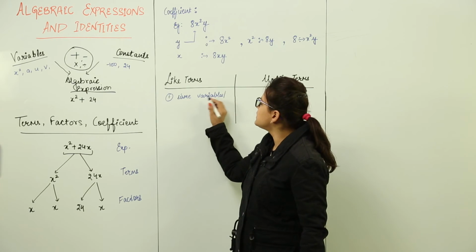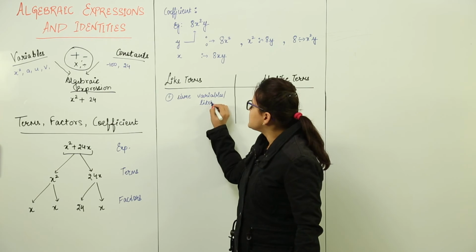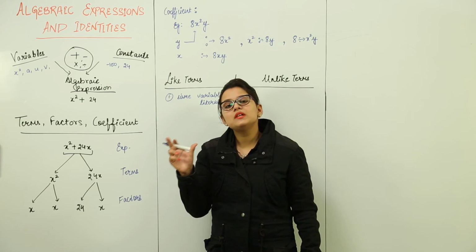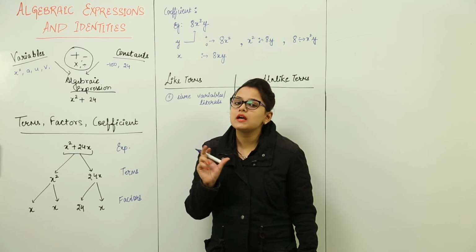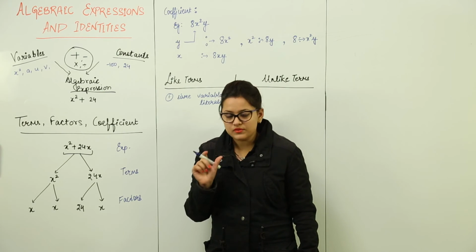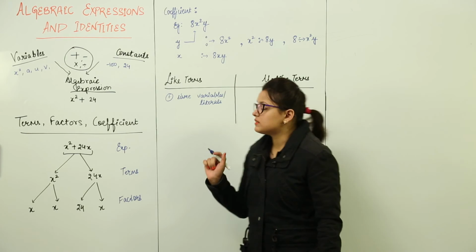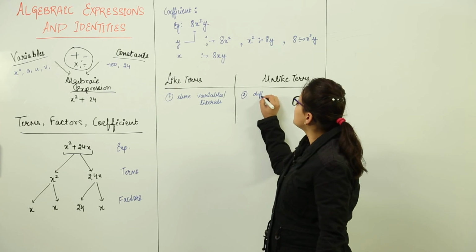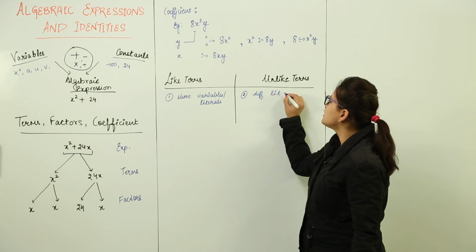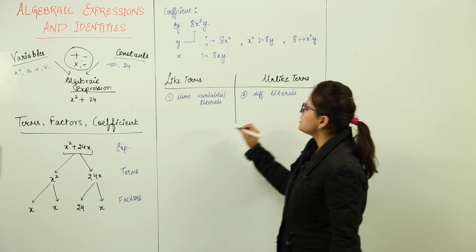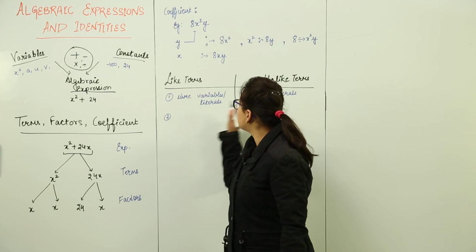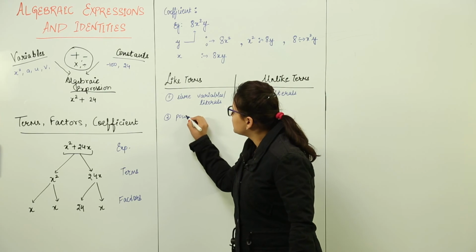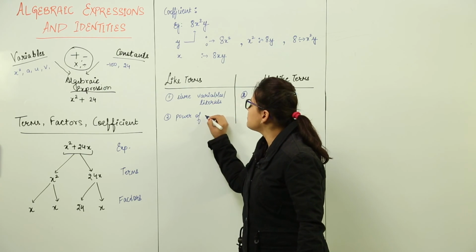What do I mean by this? Same literals or variables means if two terms have the variable x only, they have the same literals, so they are like terms. But if they do not have the same variables, that is, they have different literals, they would be unlike terms. There is one more addition to this property, that is the power of the variables. The variables should have the same powers.